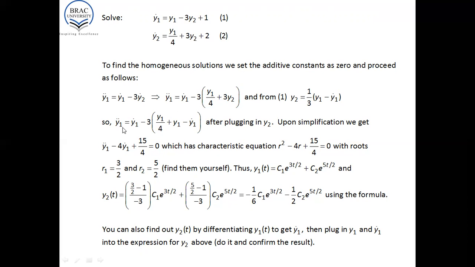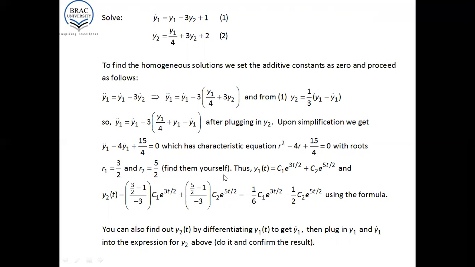So we substitute again: Y1 double dot is equal to Y1 dot minus 3 times this expression. We replace Y2 with this expression and simplify. Upon simplification, we get Y1 double dot minus 4Y1 dot plus 15 by 4 Y1 equal to 0, whose characteristic equation is r squared minus 4r plus 15 by 4 equal to 0, with roots r1 equal to 3 by 2 and r2 equal to 5 by 2.